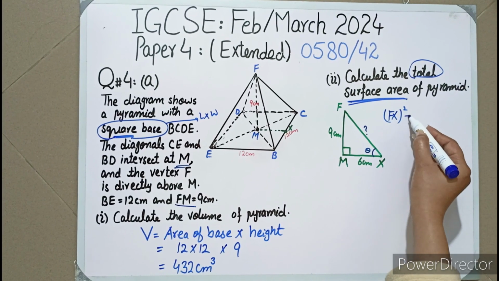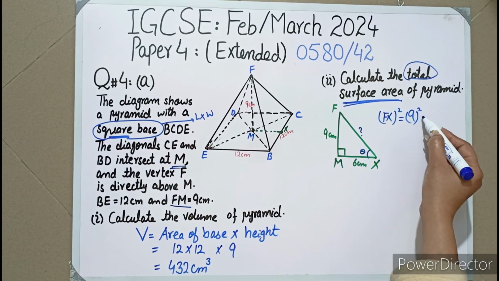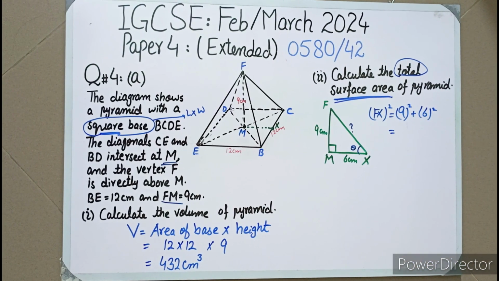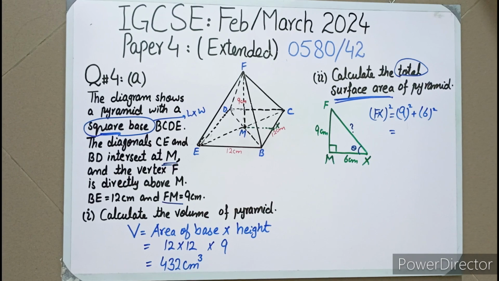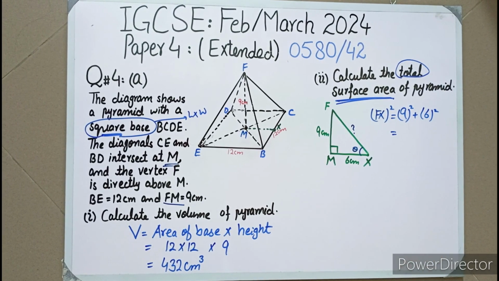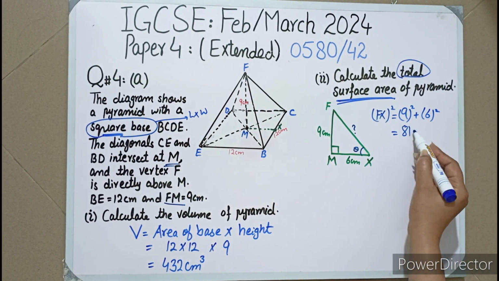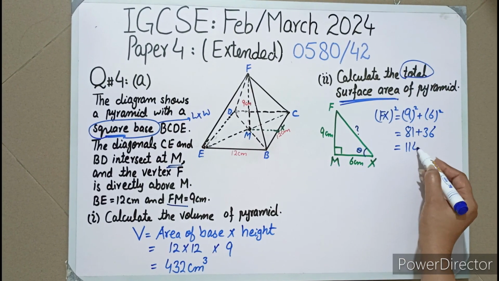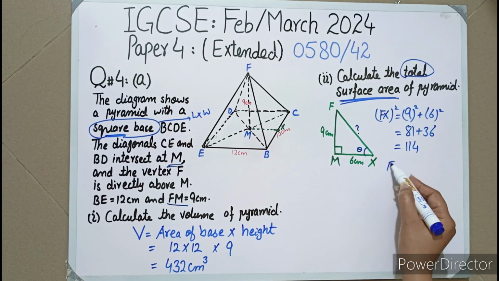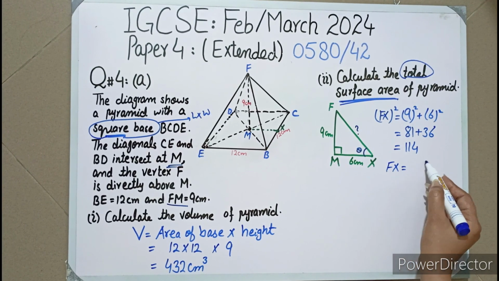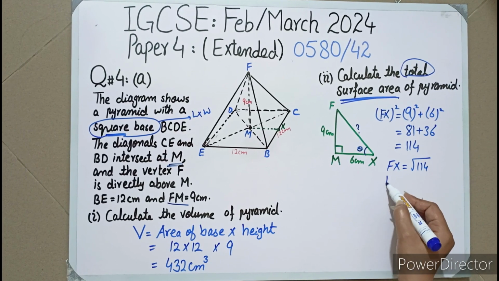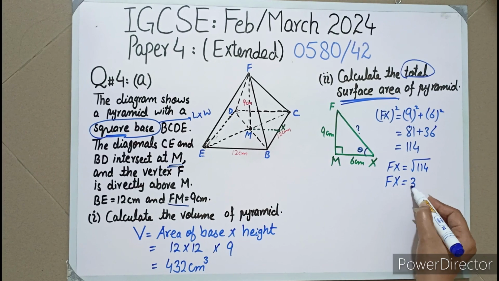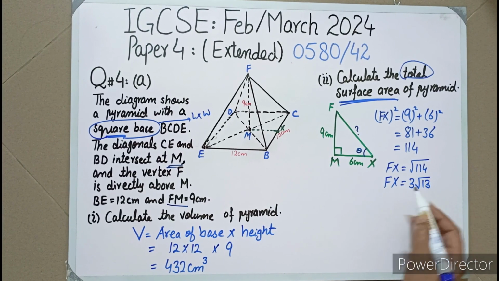FX square is equal to perpendicular square plus base square. 9 square will be 81 and 6 square will be 36. 81 plus 36, so here you get the answer 117. If you take the square root in order to get FX, you will get the measurement of this slant side, 3 square root 13.